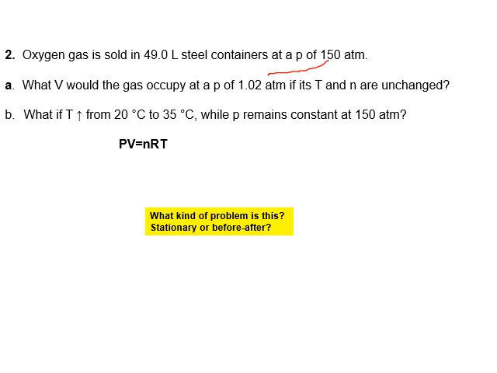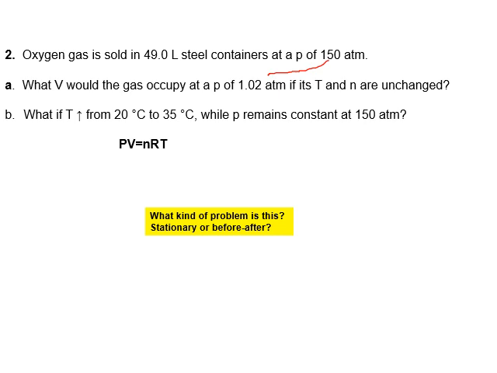It's not stationary. So you can use a shortcut, and you don't need any particular units except for temperature. For A, what volume would the gas occupy at a pressure of 1.02? If the pressure goes from 150 to 1.02, what would the shortcut be? It would be P1V1 equals P2V2.